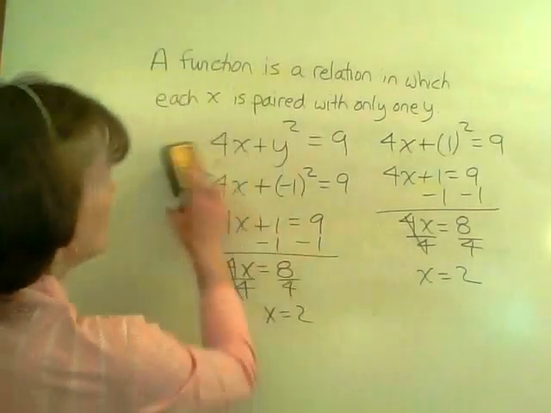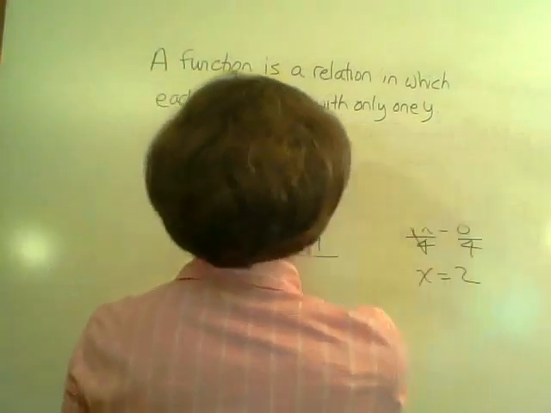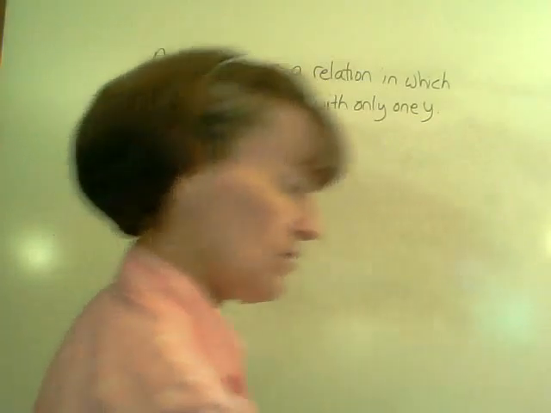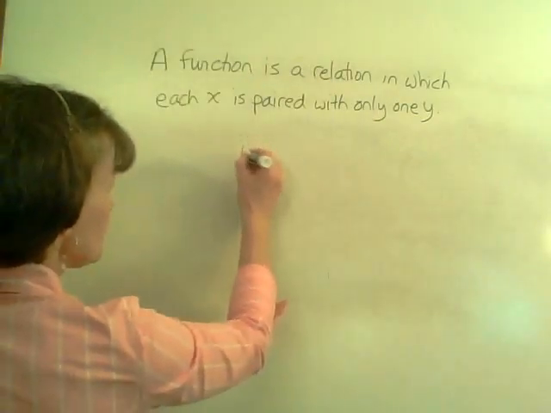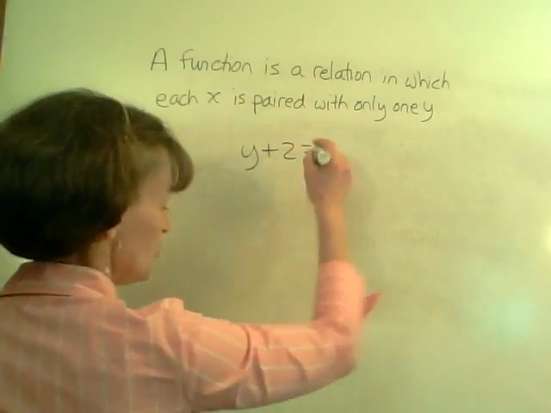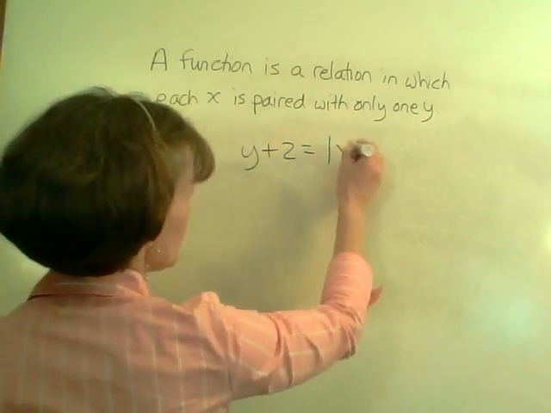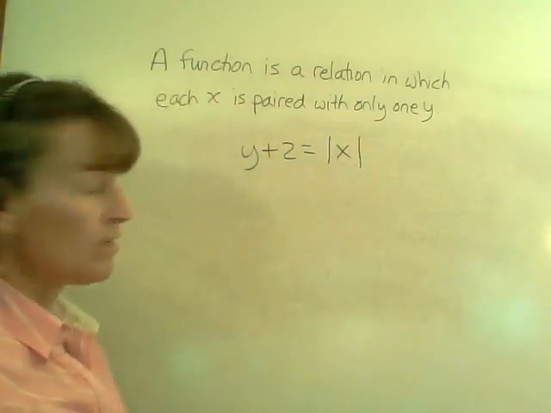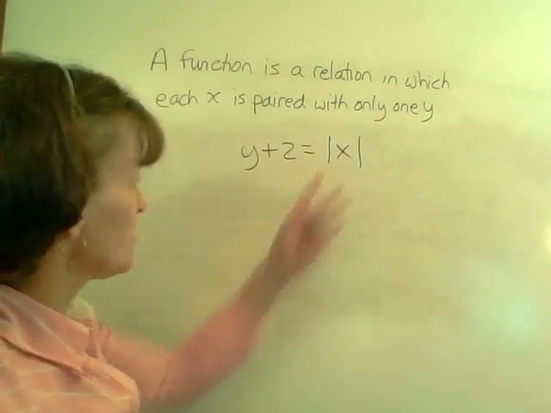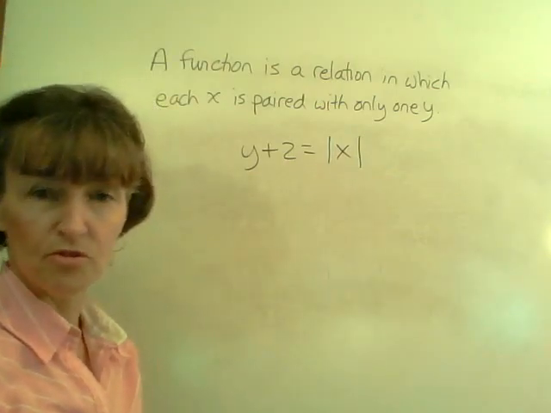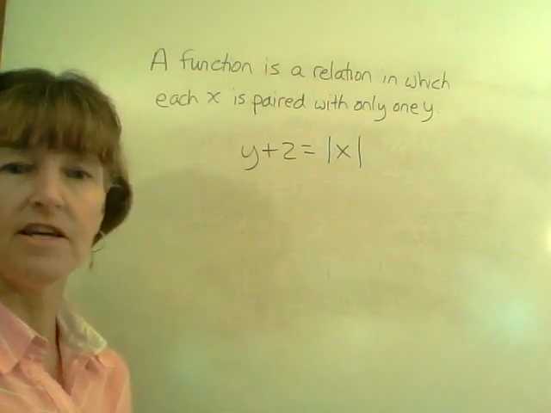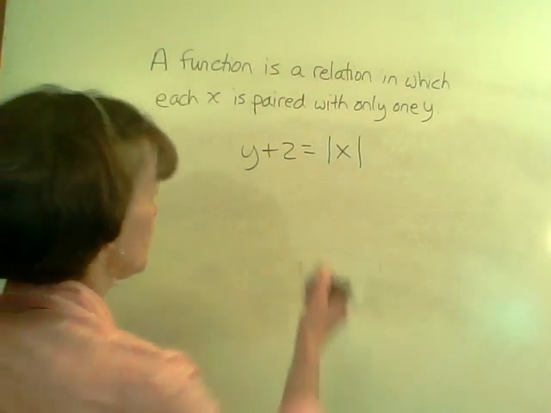All right, well, what if I have this equation? y + 2 = |x|. All right, well this time, since x is doing funny things here, I'm going to pick some numbers for x. And I'm going to see if I can find an x where y would be a different value.